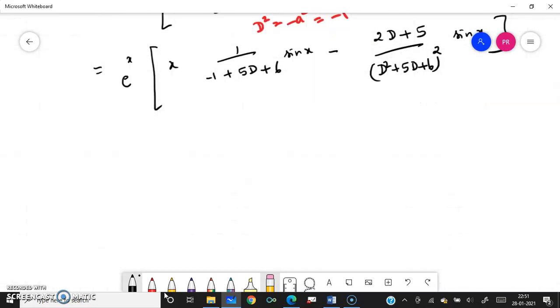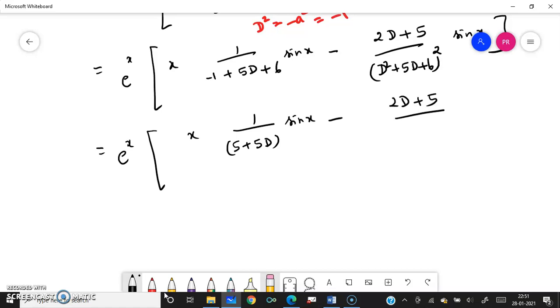So this will become e power x into x upon 6 minus 1, 5, so 5 plus 5d into sin x minus 2d plus 5 upon; same way here also d square equal to minus a square equal to minus 1. We will continue in the next class.